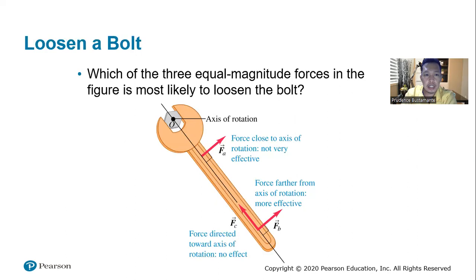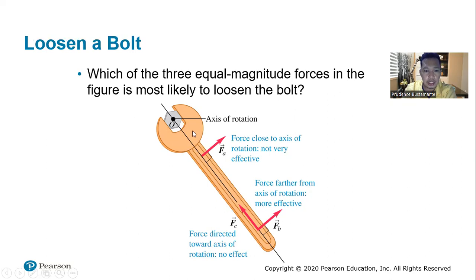So here we have a wrench loosening a bolt. Three forces are being applied: FA, FB, and FC. We apply FA close to the axis of rotation, which is not very effective.